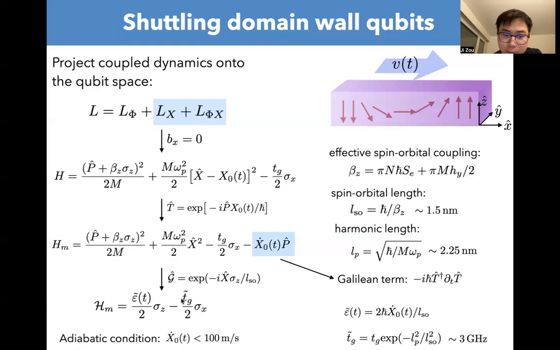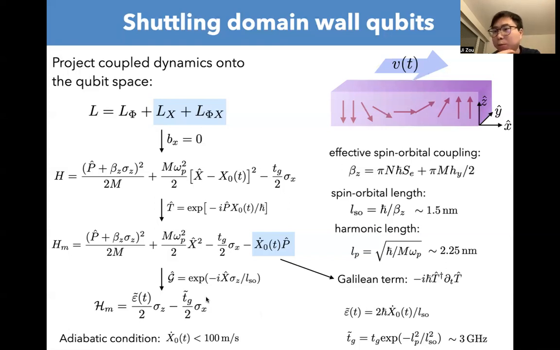detuning. And again, like what I mentioned before, this tunneling rate would also get renormalized, and in this case, is suppressed. And now it is approximately 3 gigahertz. And of course, we cannot just shuttle this domain wall with infinitely large speed, because when the speed is too large, we would have a higher probability to excite higher energy states.